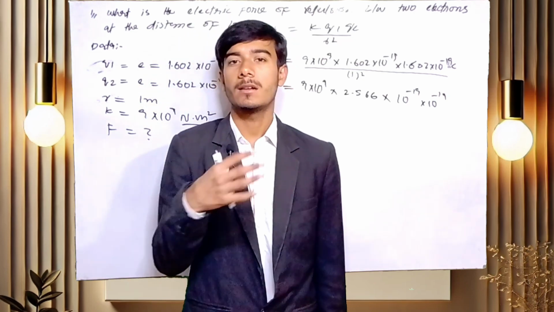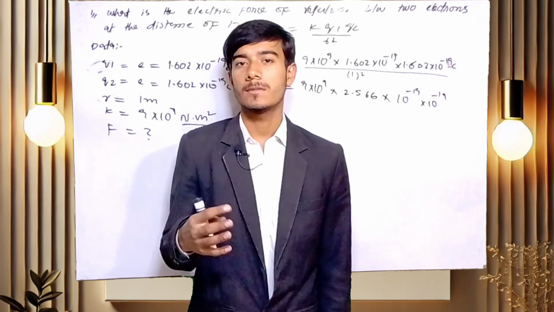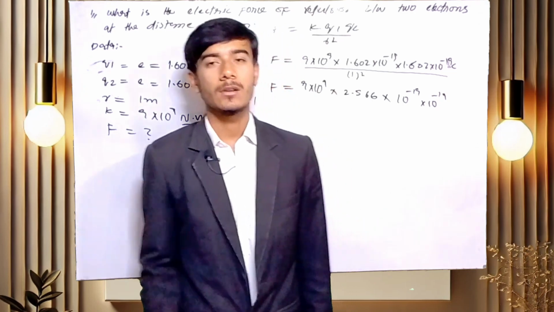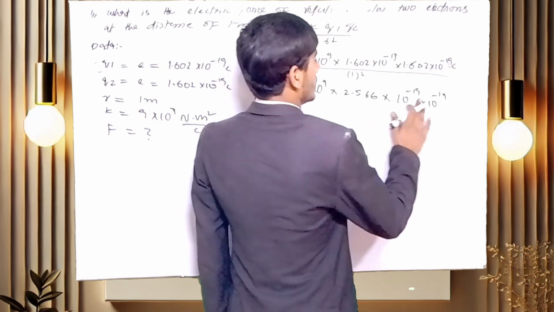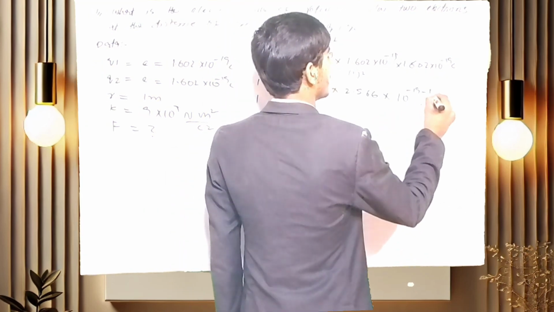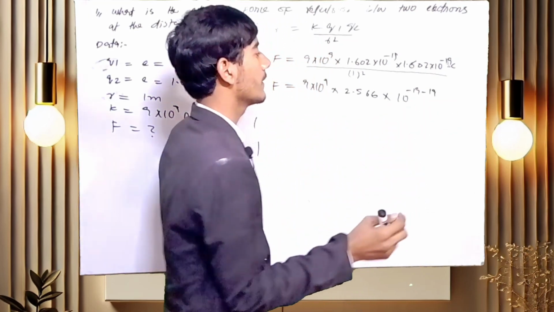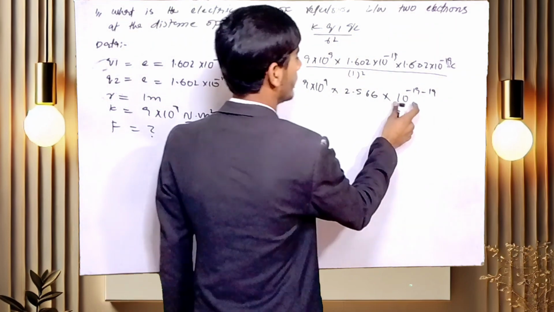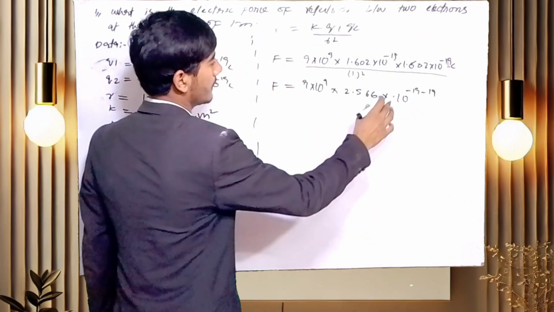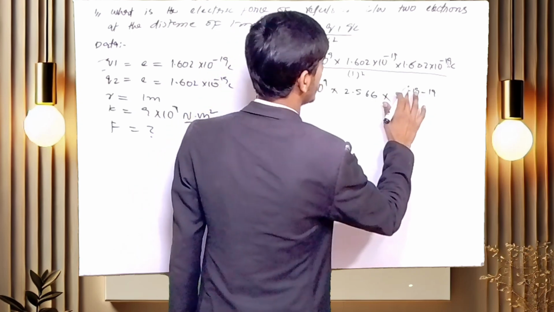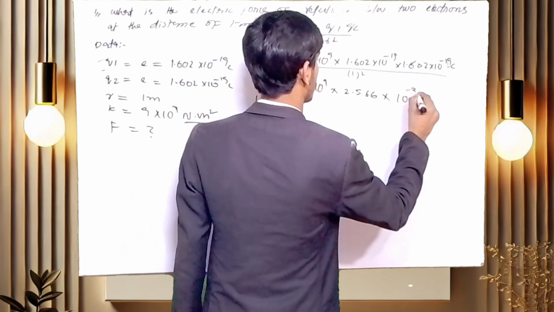Or if there is a division, if the bases are the same, you can subtract the powers. So in multiplication, you can add the powers. I merged the base into 1 and added the powers: minus 19 plus minus 19 is minus 38.